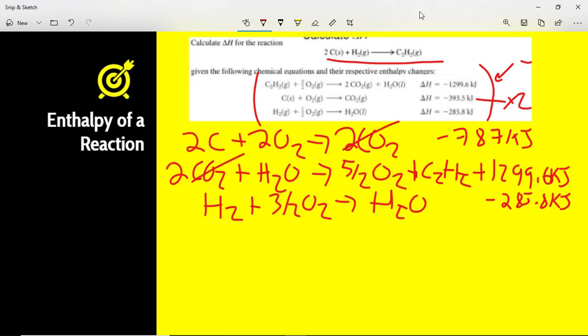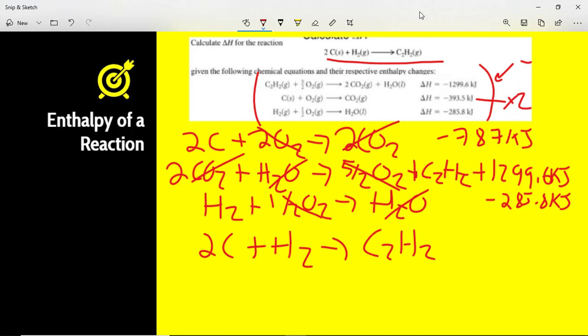That's going to cancel. That's going to cancel. 3 halves. So 1 half. Oops. That's okay though. I was wondering why it didn't cancel out. So these actually all cancel as well. So what we end up with is 2 carbon plus H2 yields C2H2. Nice. And then you add up all your reaction enthalpies, and you get 226.8 kilojoules per mole.